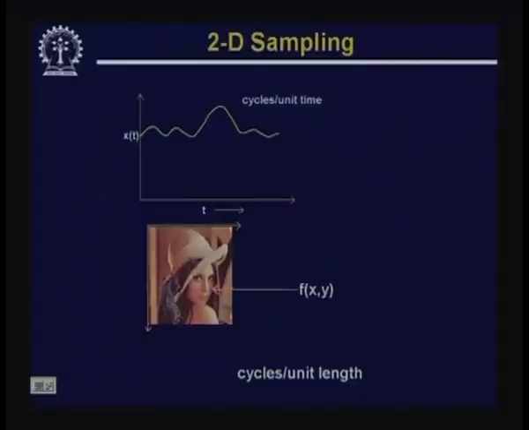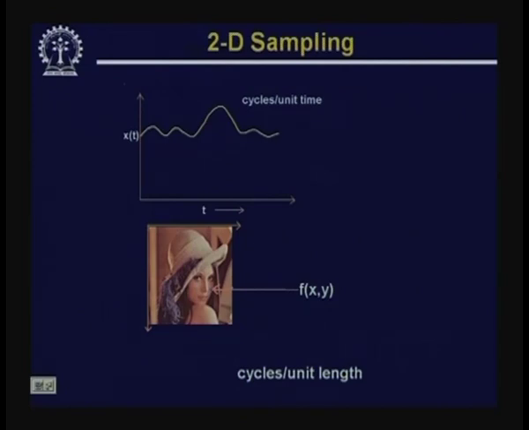Now let us see what happens in the case of a two dimensional image, which is a function of two variables x and y. In this slide we have shown two figures. On the top we have the same signal x t which we used earlier, which is a function of t, and the bottom figure is an image, which is a function of two variables x and y.